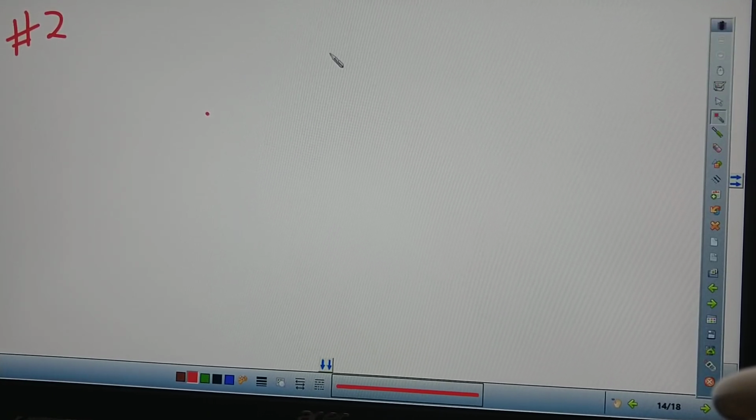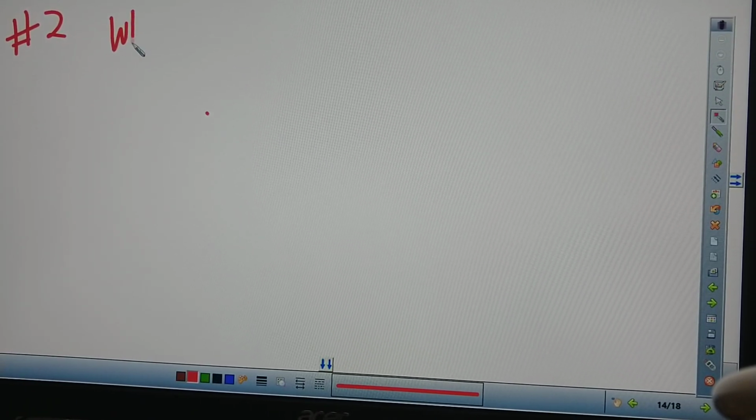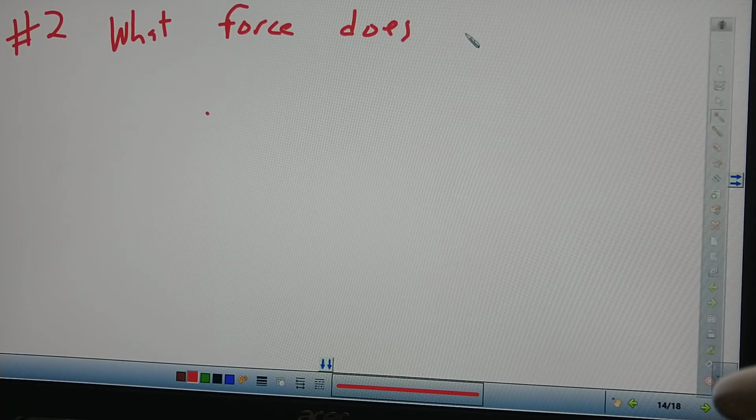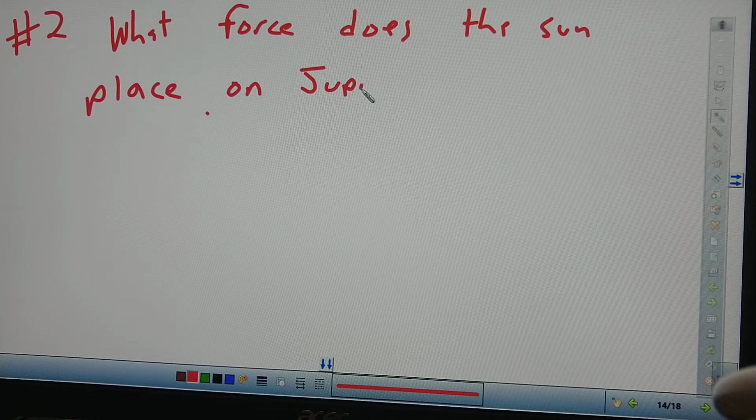Question number 2. What is the force? What force does the sun place on Jupiter in its orbit? Or Jupiter also exerts that force on the sun.